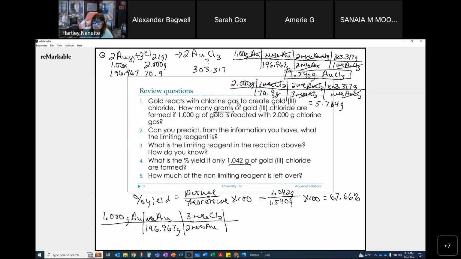And then, because I start with a mass, I need a mass, so I have to multiply by the mass of the chlorine, 70.9 grams of Cl2 per mole. Moles cancel, grams cancel. That leaves me with an answer in grams of Cl2. And this is how much mass of Cl2 I would actually need to complete this reaction. Okay, fine.